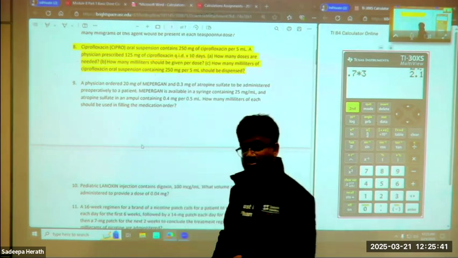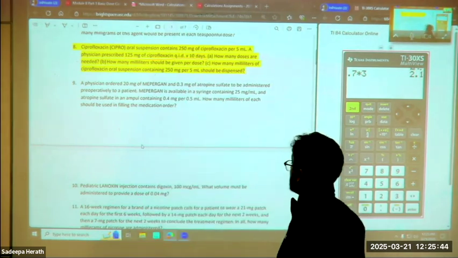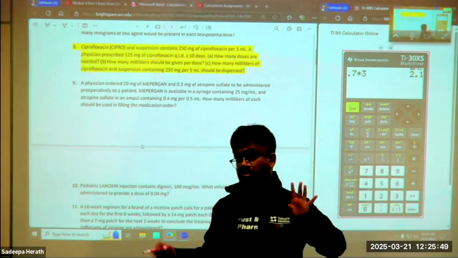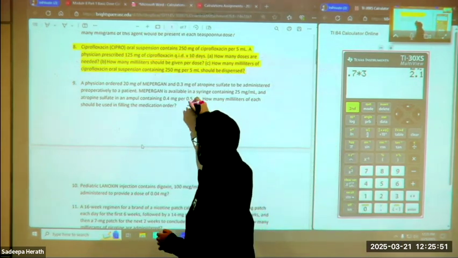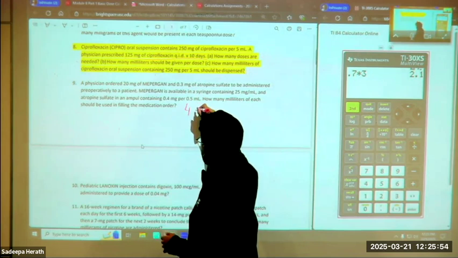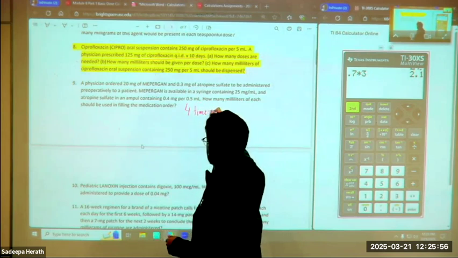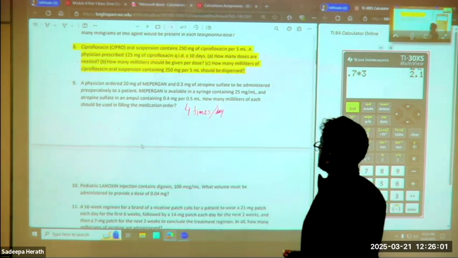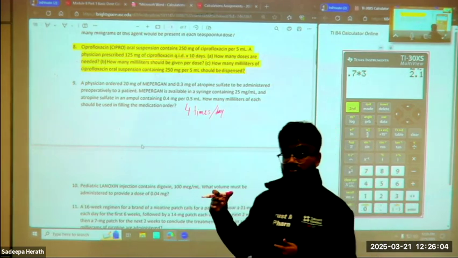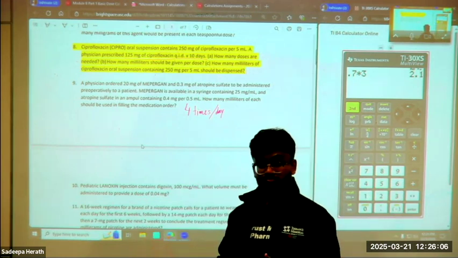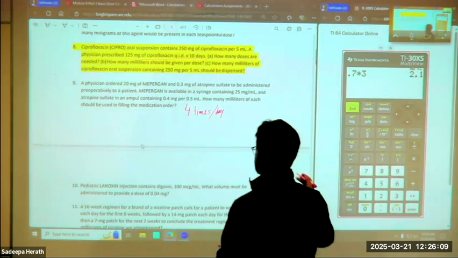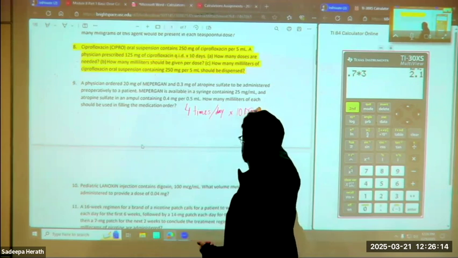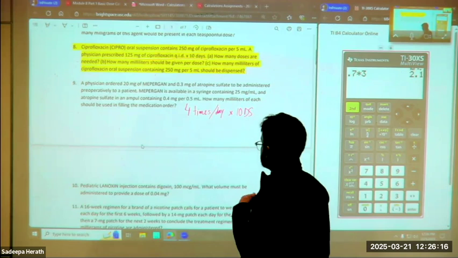Just assume for a prescription, that's the SIG, right? Person is taking an amount of ciprofloxacin 4 times per day. Write that out. 4 times per day. And then what is the regimen? How long is that person taking this prescription for? 10 days. 10 DS, like I said, it's a 10-day supply.